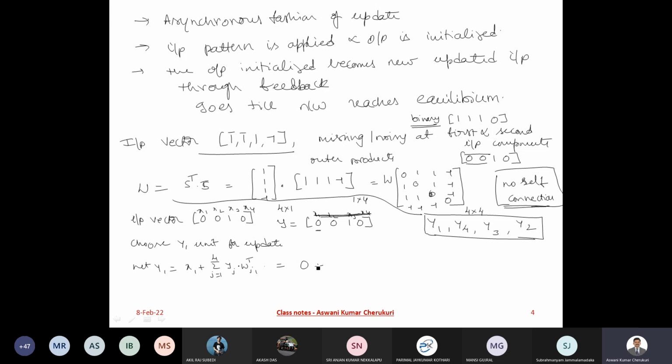So let us take the entire vector, which is 0 0 1 0, and your corresponding weight vector, that is wj1. I am keeping it as a transpose, so you have 0 1 1 minus 1, this particular vector.